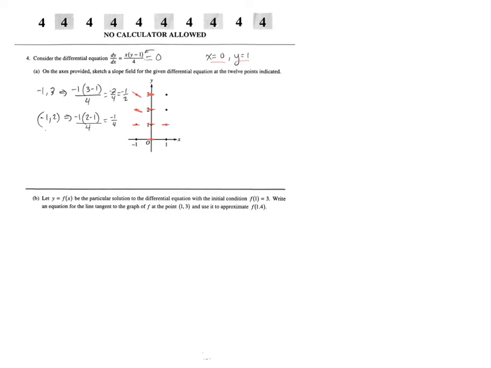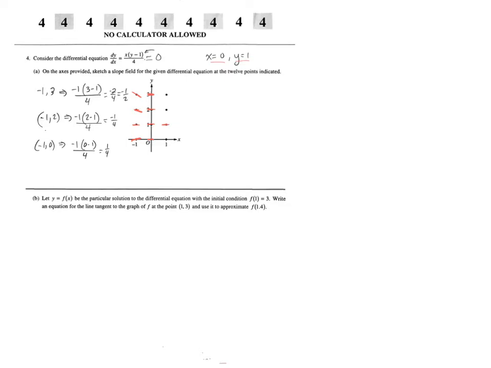And now down at the bottom, for this point, our coordinates are negative 1, 0. We get negative 1 times 0 minus 1 over 4, and that is going to give us a positive 1/4. So now we have a slope of positive 1/4, a very gently increasing spot right there.